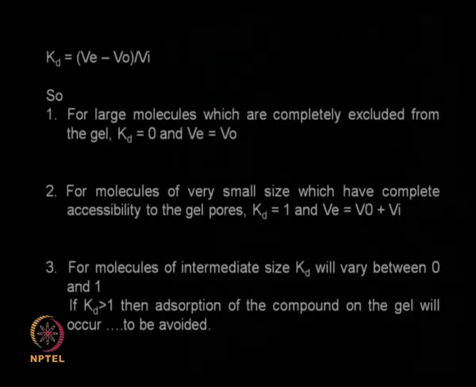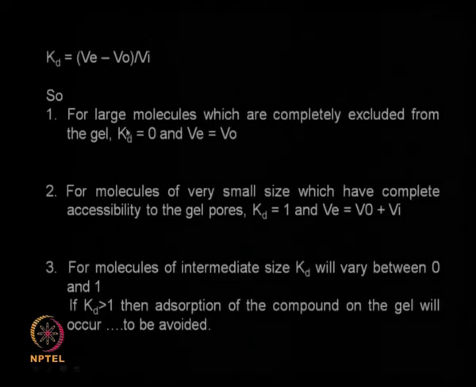Okay, let us again go back to this particular equation where we said elution volume is a function of the pore volume, the interstitial volume, and the term called Kd, the distribution coefficient. Now if we rearrange the equation we get Kd equal to (Ve minus V0) divided by Vi, okay.